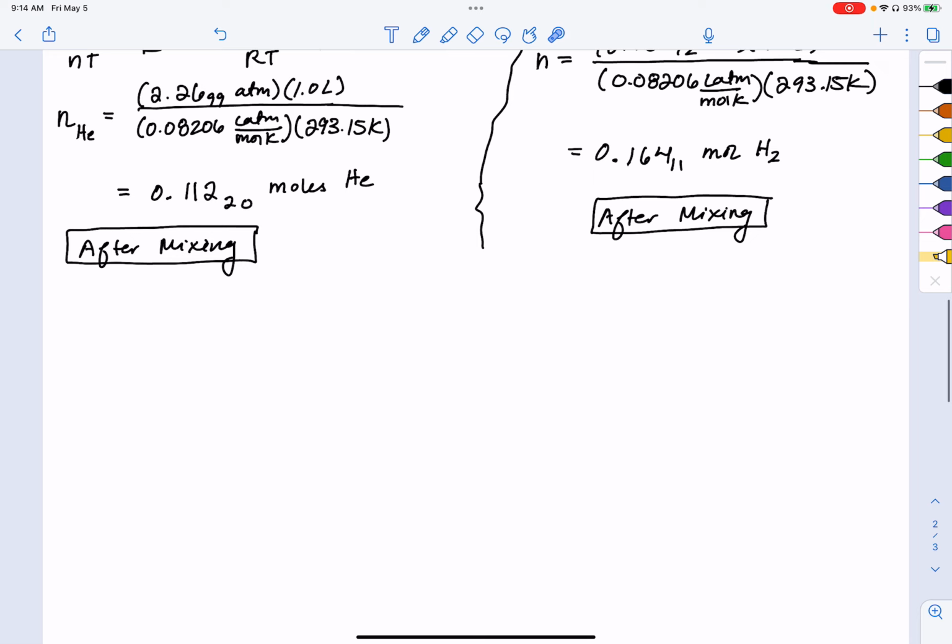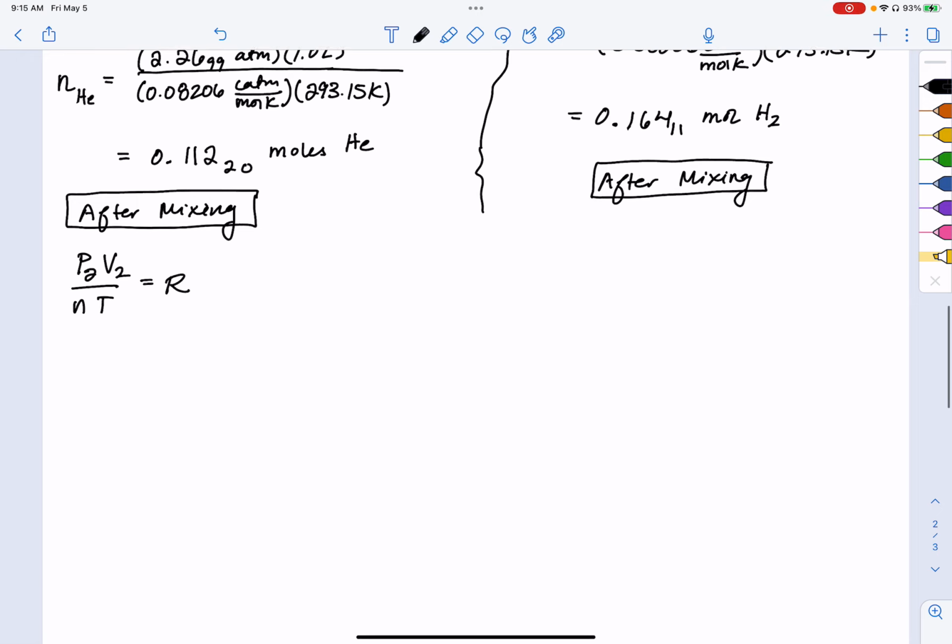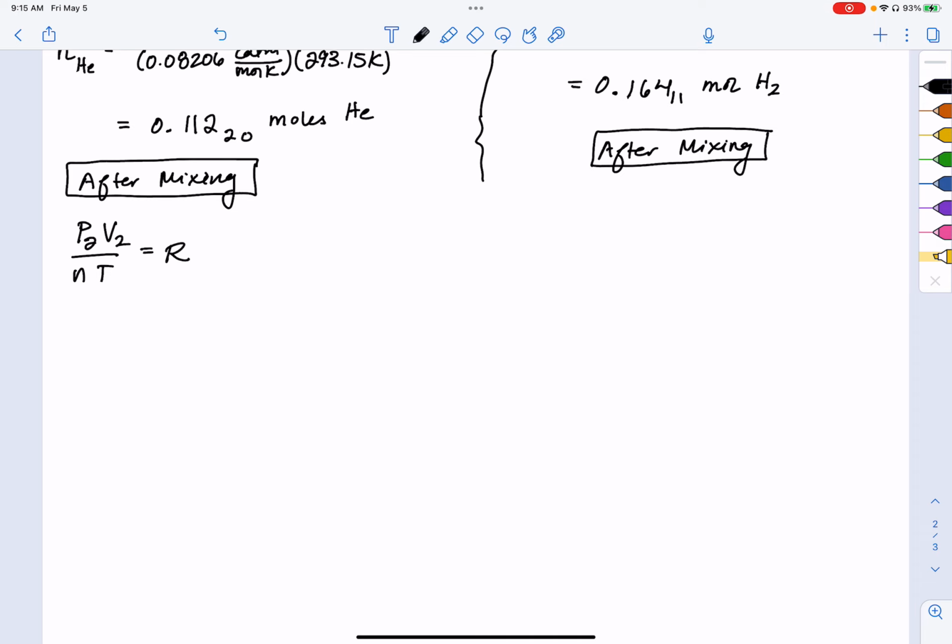So this is why I needed that moles. So let's see here, pressure after mixing. So this is P2V2 over nT, where n and T are constants, is equal to R. So if I want to rearrange to solve for P2, then this is going to be nRT over V2.